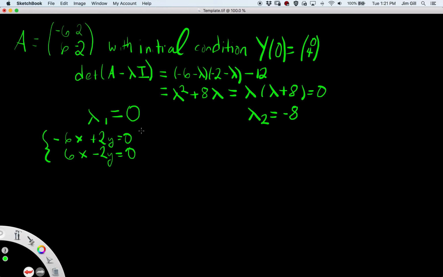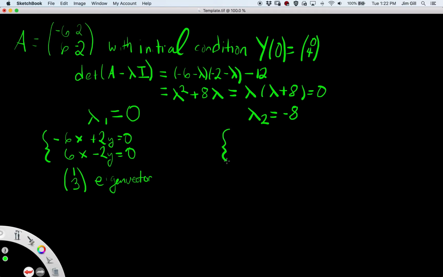So 0 times x is 0. 0 times y is 0. That's why we have that there. And if you look at this for a moment, maybe you can see clearly that 1, 3 is going to be an eigenvector associated to this eigenvalue 0. So that's one eigenvector.